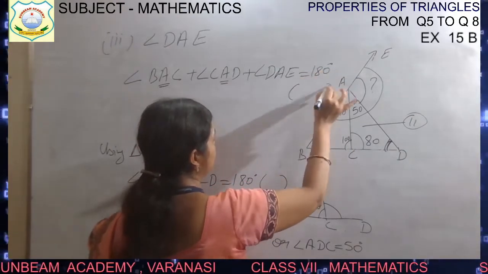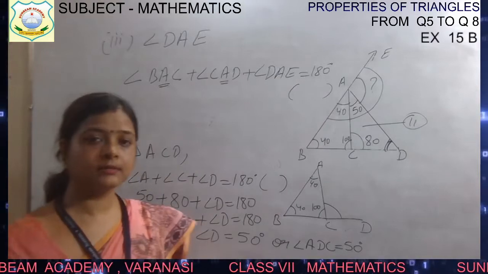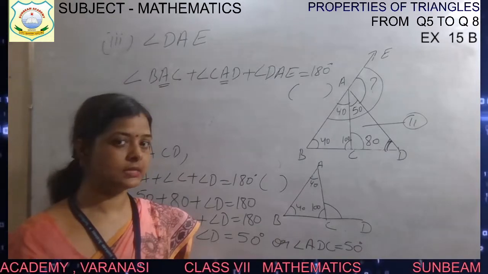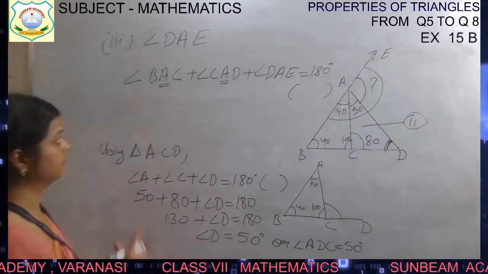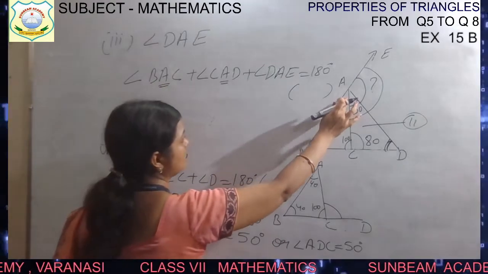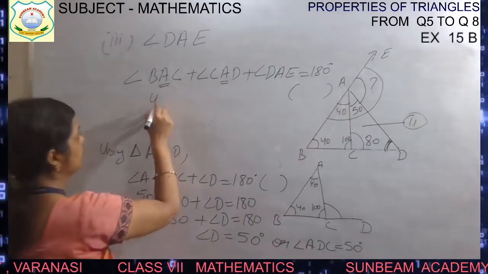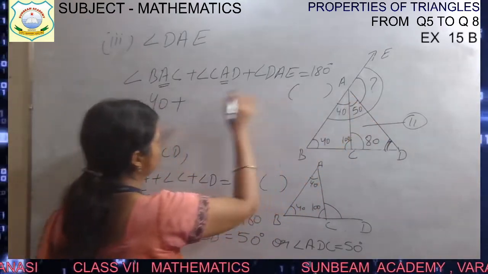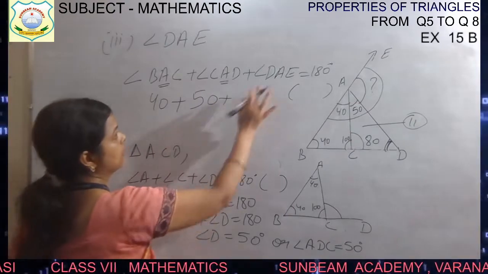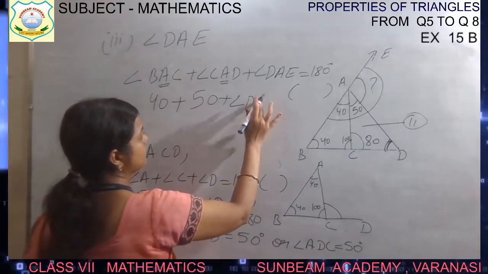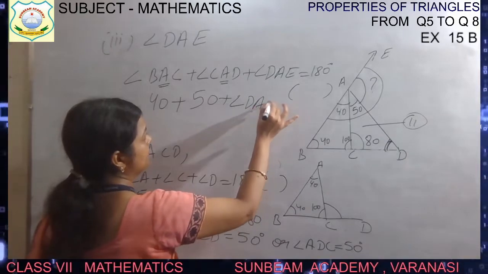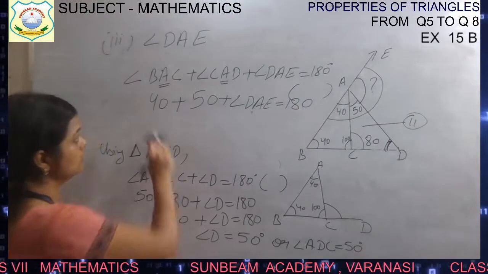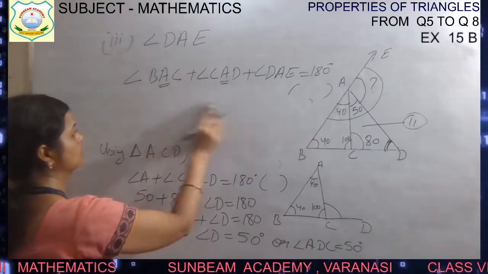And here please mention the reason: angles made on a straight line on one side, its sum will be equal to 180 degrees. So BAC, this one, is 40 degrees, plus CAD, this one, is 50 degrees, plus DAE, which we don't know, is equal to 180 degrees.